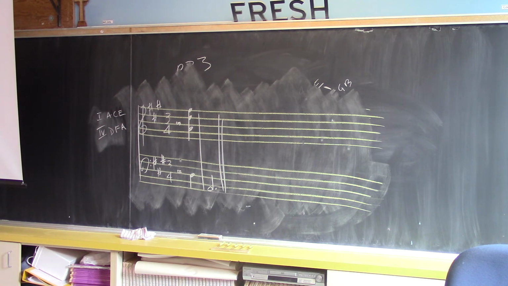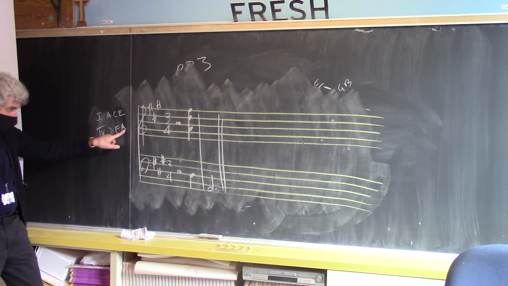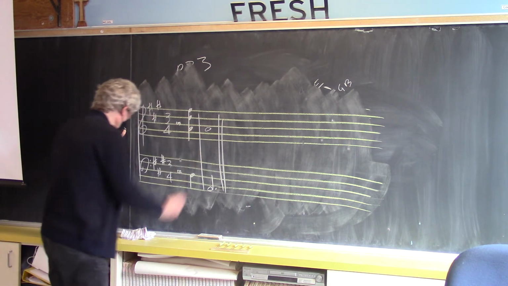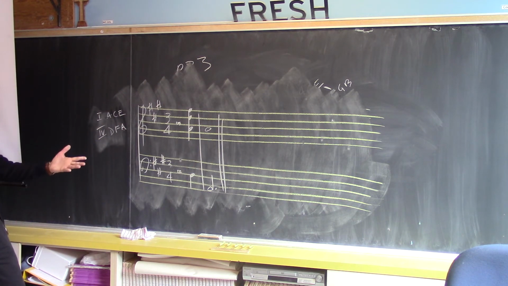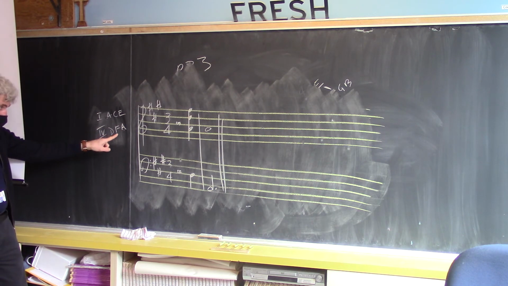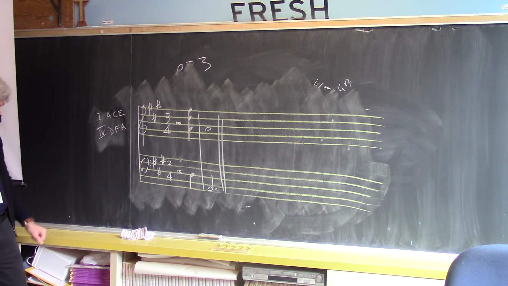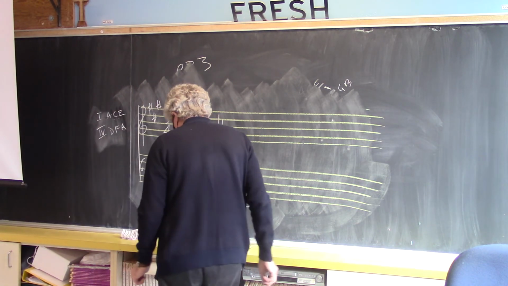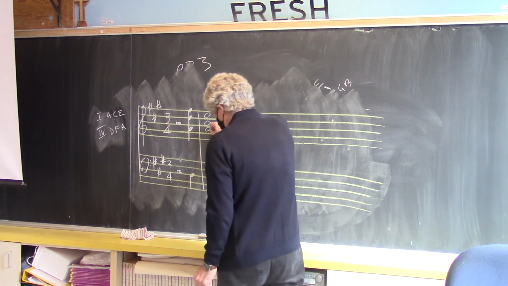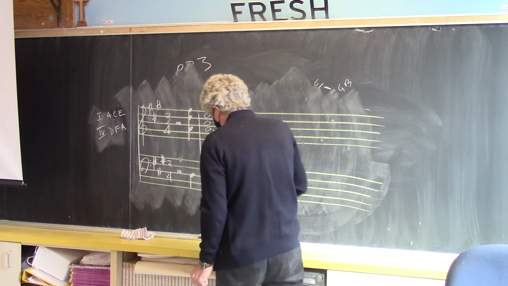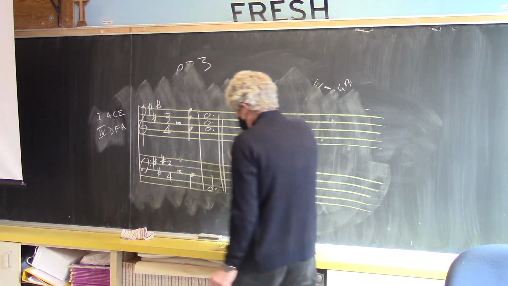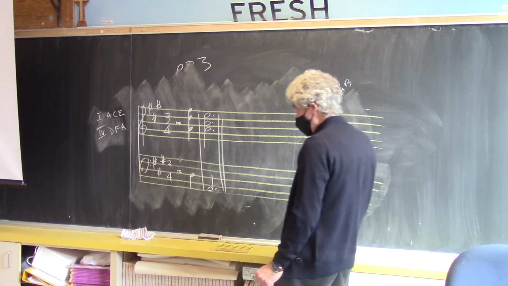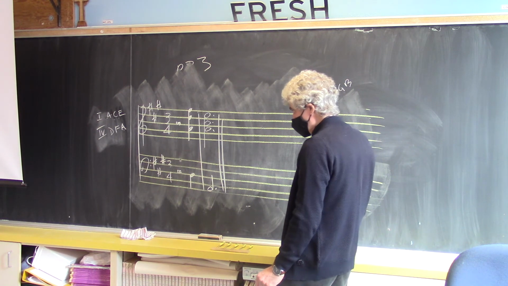So, keep the common note. Alright. So I got the two A's, and C sharp, and E. So, should be obvious. Go there. And dot, dot, dot. Stem out. Bingo. Done.